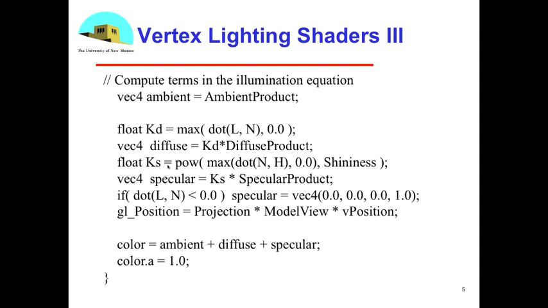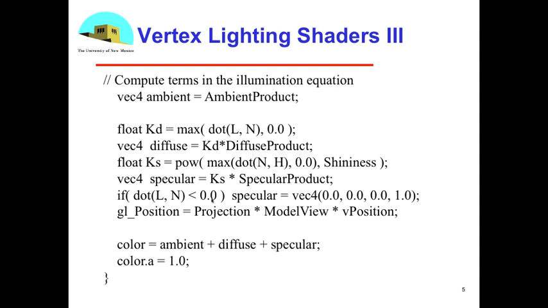I'm going to compute a constant Ks, which is the cosine raised to the shininess, except if this turns out to be negative, I want to do a check on that, so I'm going to take the maximum of that and 0, and then take that to the power of the shininess. Notice how we're using these GLSL functions in here to do all of this work. Then I multiply that by the specular product that I passed in.